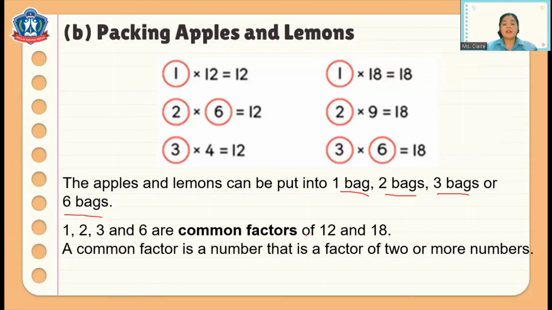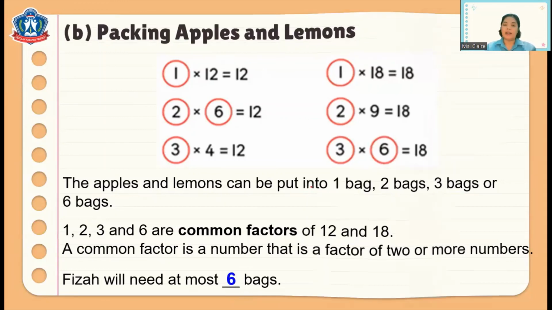So a common factor is a number that is a factor of both, or of 2 or more numbers. So what is the greatest number of bags that we can put the apples and lemons in? Yes, it's 6, because this is the biggest common factor of 12 and 18.